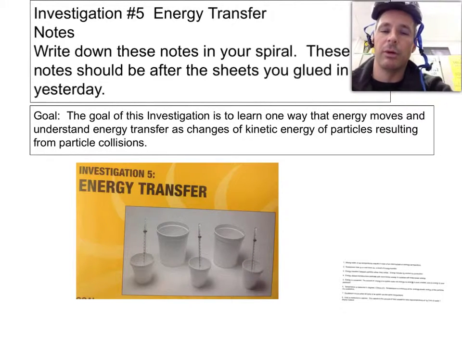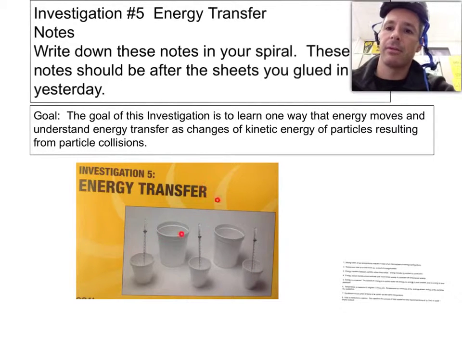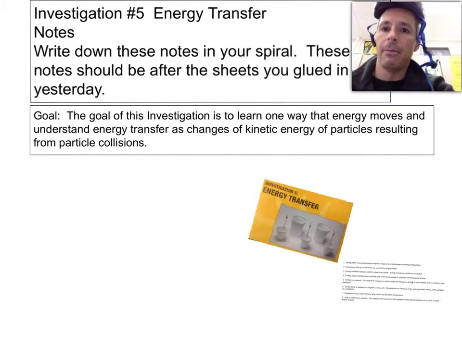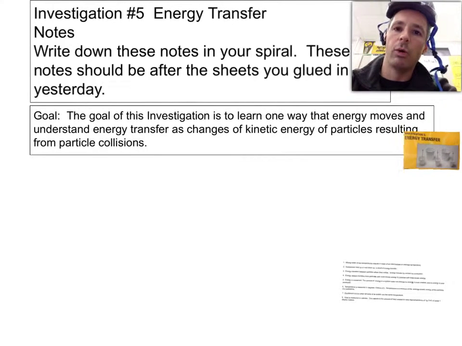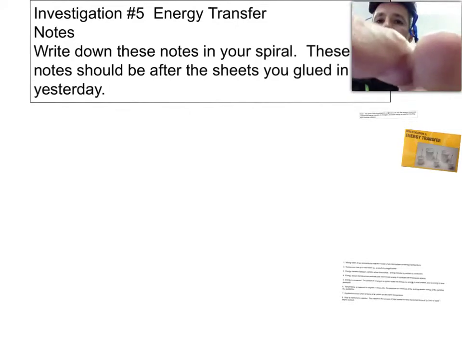So when we do this lab, we're thinking about the particles in the hot water, particles in the cold water, and what happens when we mix them together in the third cup. Okay? Now, you've just written the goal down in your spiral.